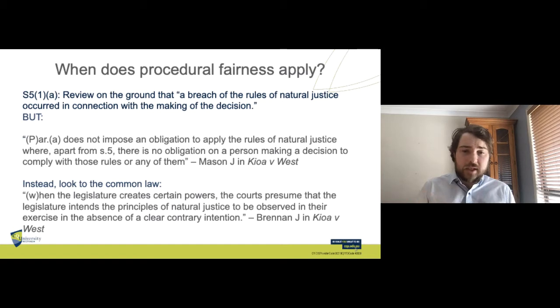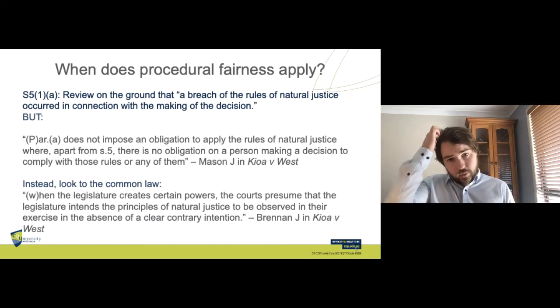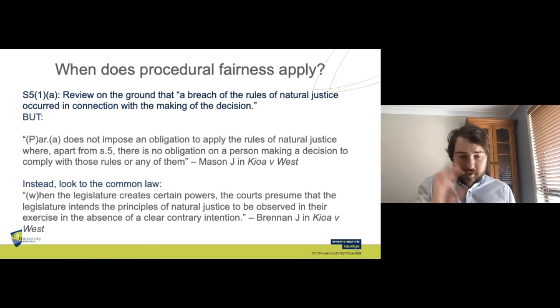In particular, Justice Mason in Kioa v West said that this section doesn't impose an obligation to apply the rules of natural justice, where apart from Section 5, there would be no obligation on a person. So we can't rely specifically on Section 5 to require a decision maker to follow natural justice and procedural fairness.